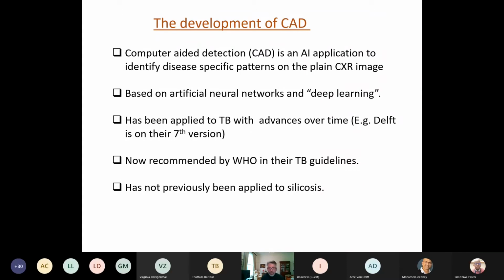For example, one of the pioneers in this area being the Delft company in the Netherlands, where this was developed, and they are on their 7th version of what they call CAD for TB, but there are other vendors, as you will see. It's now recommended by the WHO in their TB guidelines, 2020 and 21. It has not previously been applied to silicosis, nor to my knowledge, to any mining population.